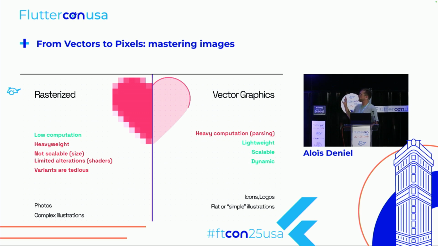So vector graphics are perfect for icons, logos, and for simple illustrations, as I said, because of too complex illustrations with gradients, mesh gradients, and all of that stuff. And rasterized images are great for photos or complex illustrations.